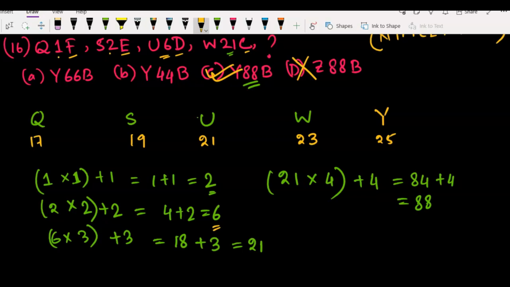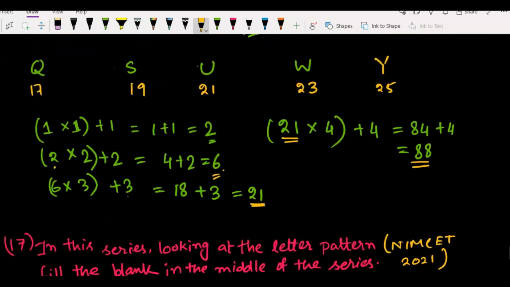Then the second term is 2. With it we multiplied 2 and added 2. So we get the third term. The third term is 6 and we multiplied 3 and added 3. So we get the fourth term. And the fourth term is 21. With it we multiplied 4 and added 4. So we get 88. So it is the fifth term.